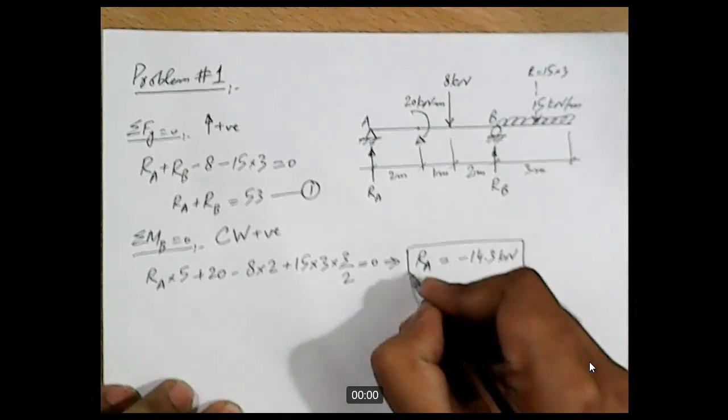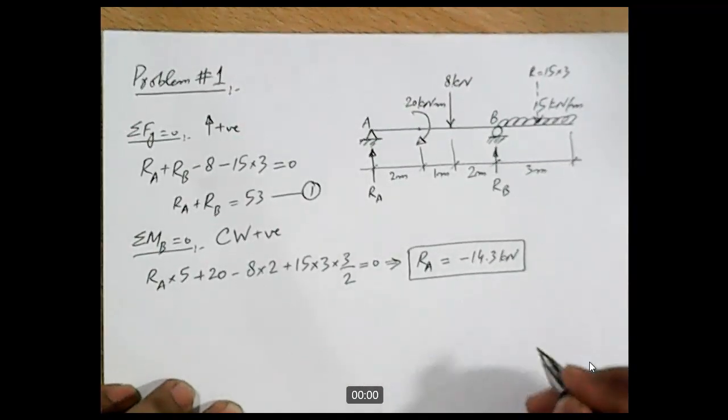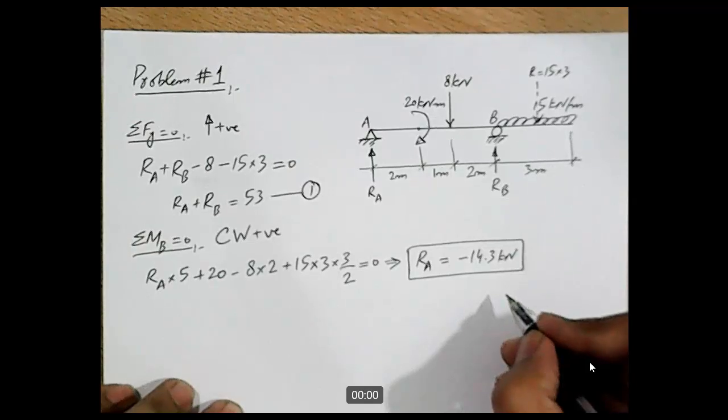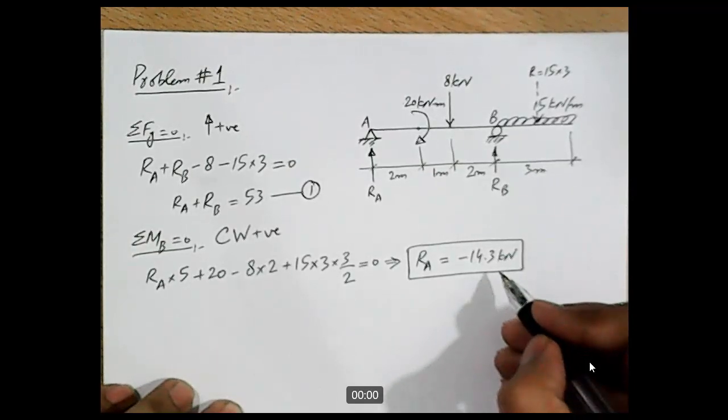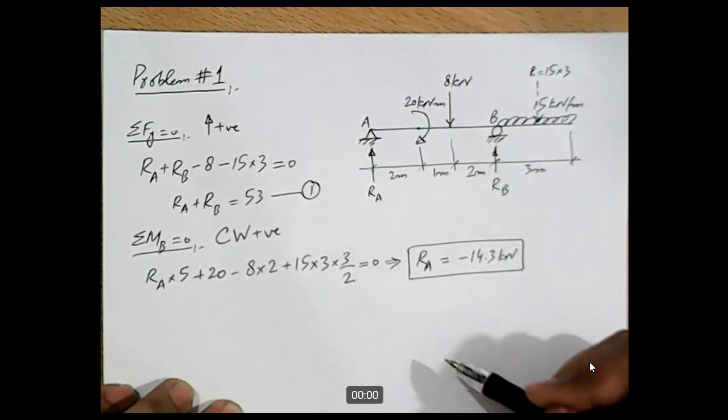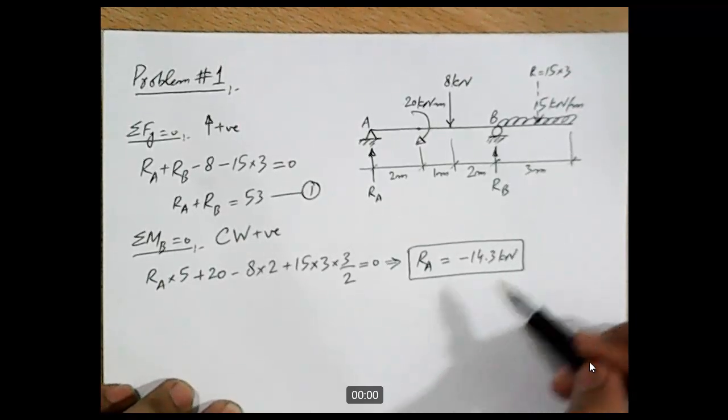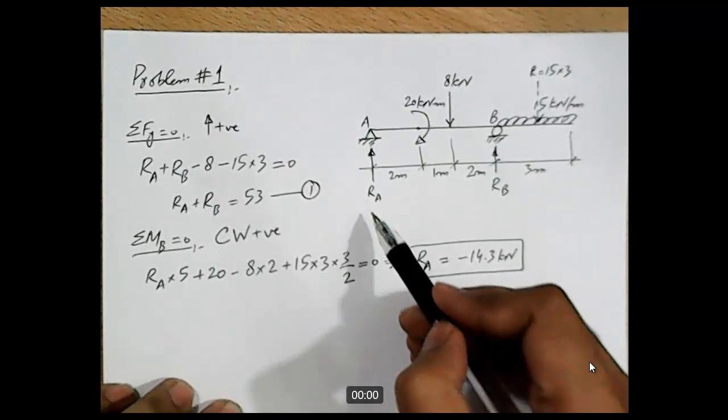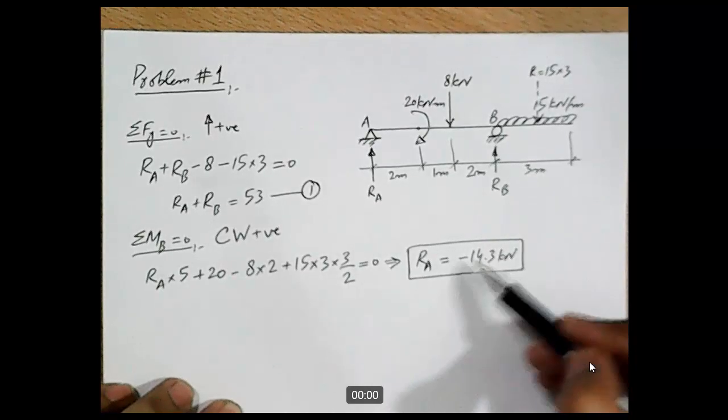This is the first time when our reaction has come out to be negative. Now what does it mean? Negative reaction means that the assumed direction of reaction is incorrect. We assumed RA to be in upward direction, but the negative sign means that the upward direction is incorrect.